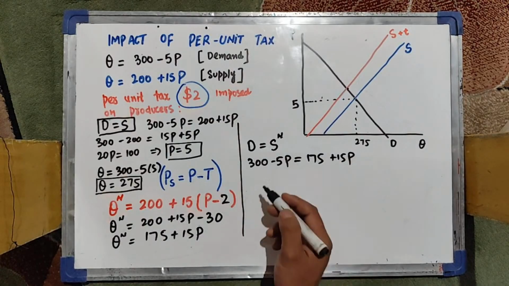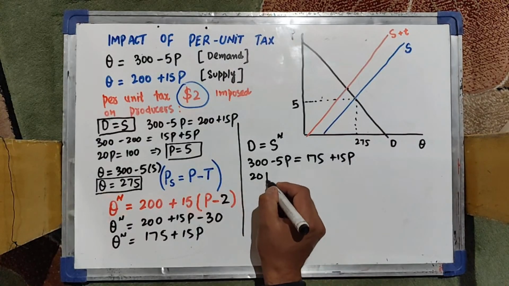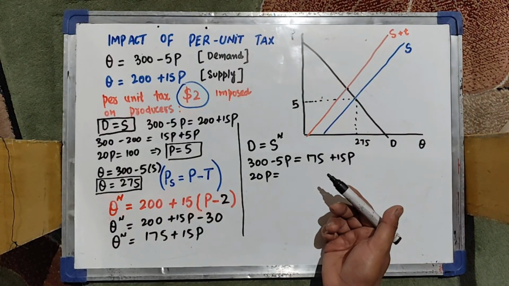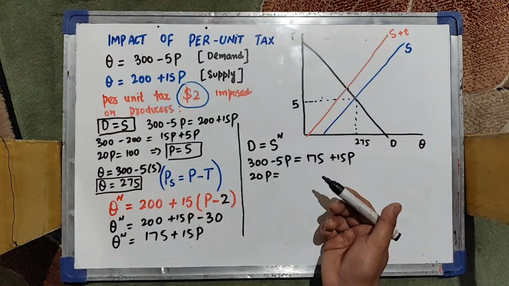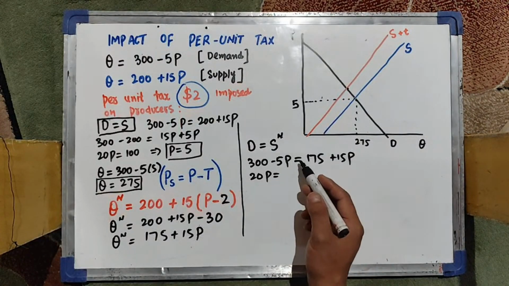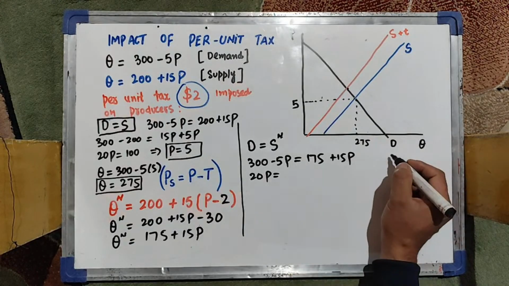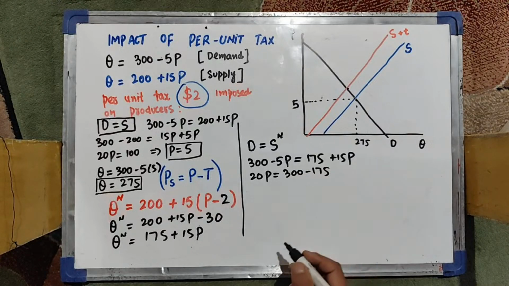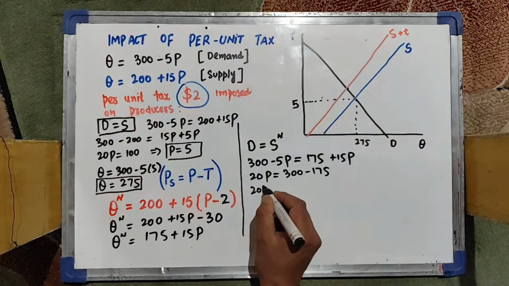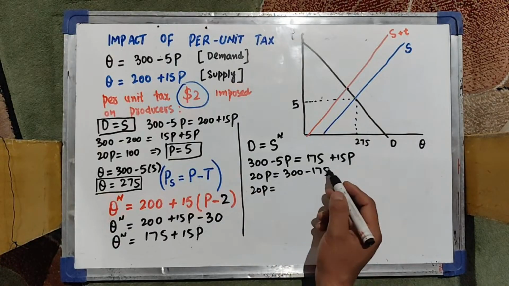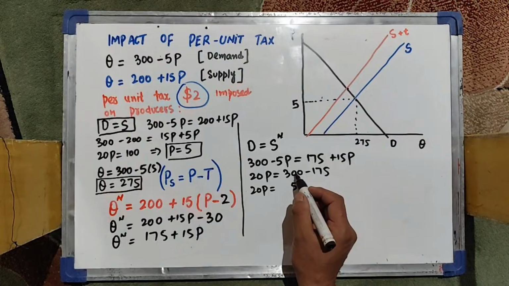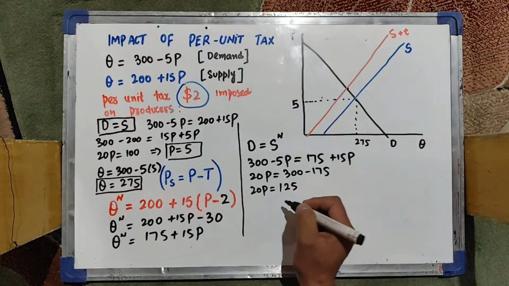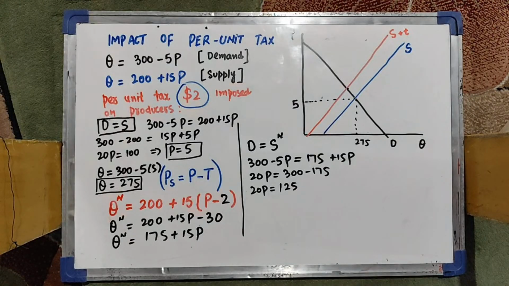Now solving for price, we have 20p equal to 300 minus 175, so it will be 125.